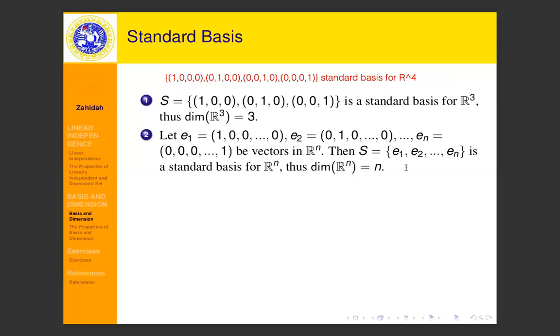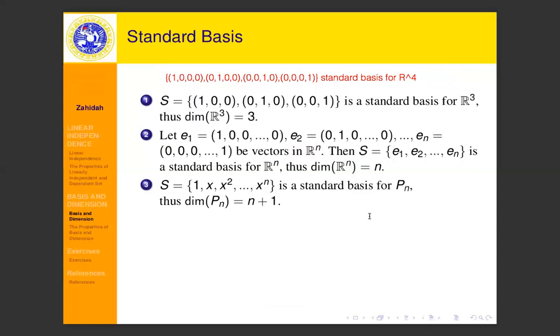What about polynomials? If we have polynomials of degree n, our standard basis is 1, x, x squared, x cubed, x to the power 4, until x to the power n. So the dimension here, if you count this, 1, 2, 3, we have n plus 1 vectors.